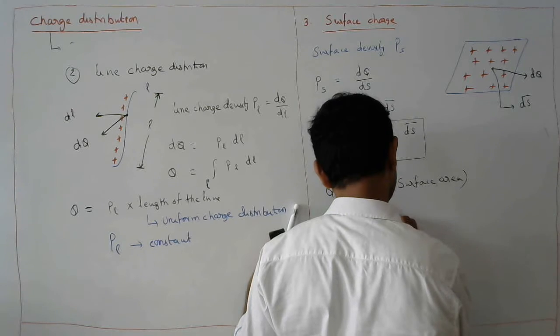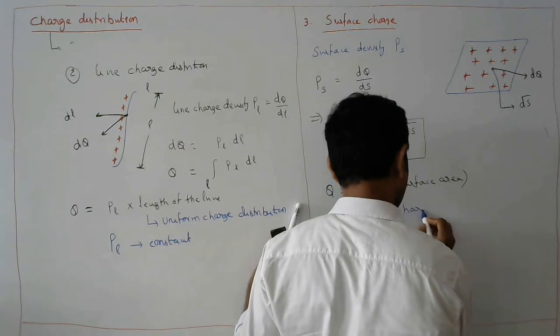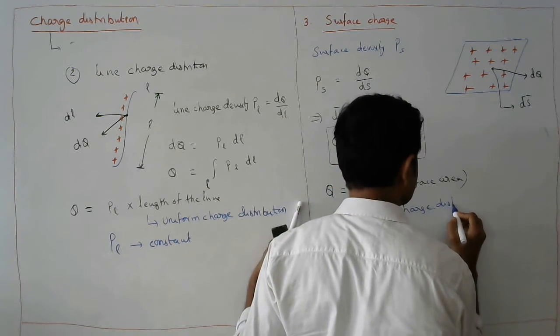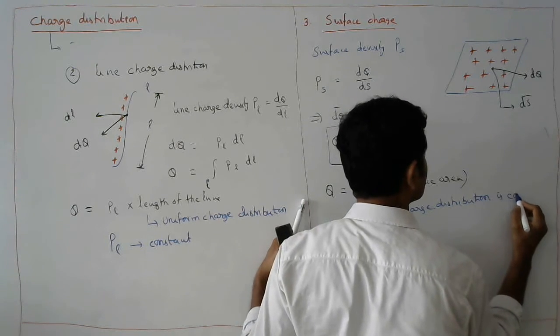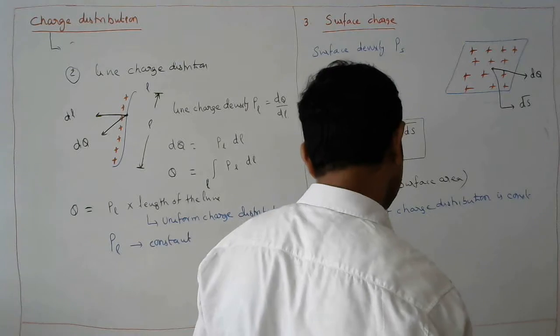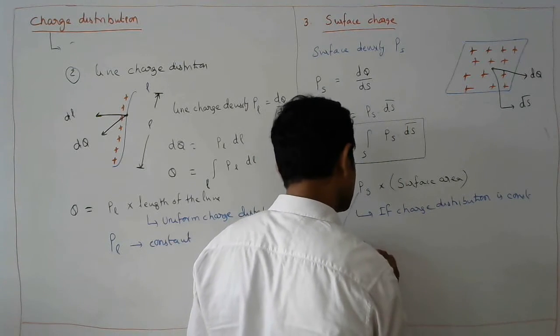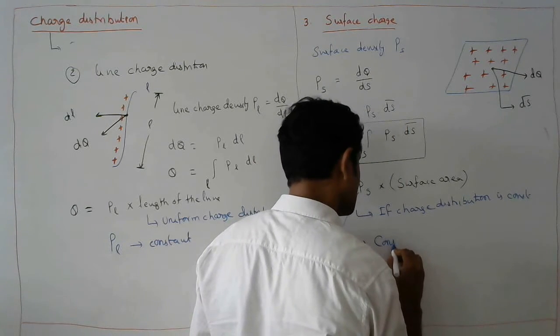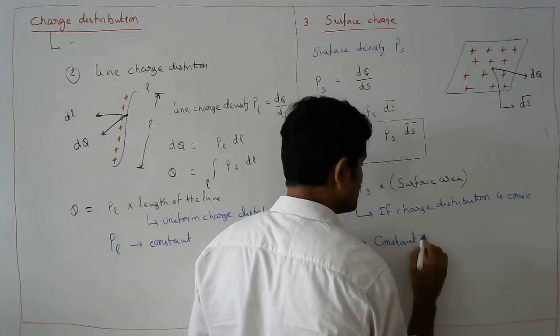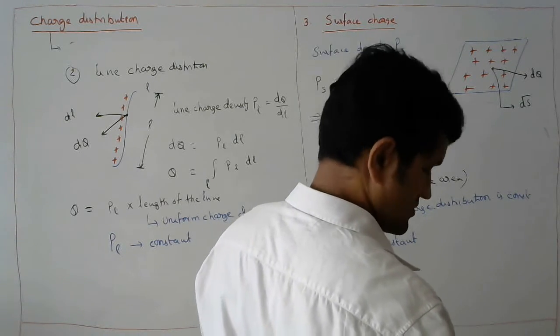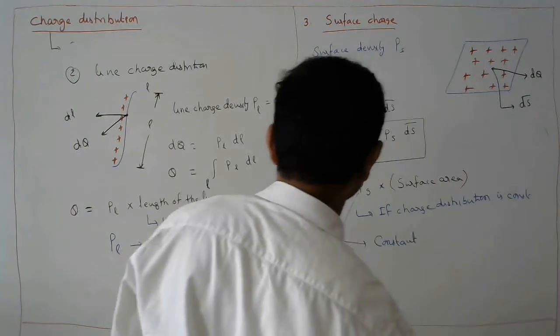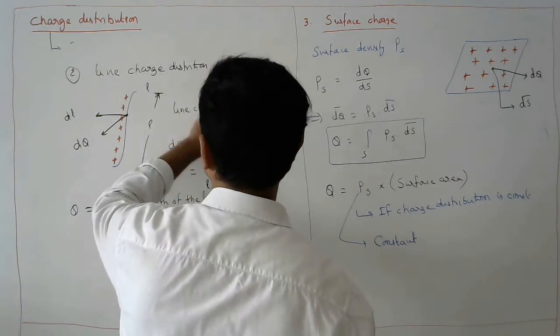If the charge distribution is constant, the surface charge density is also constant, because it is uniformly distributed throughout the assumed surface. So this is about surface charge.